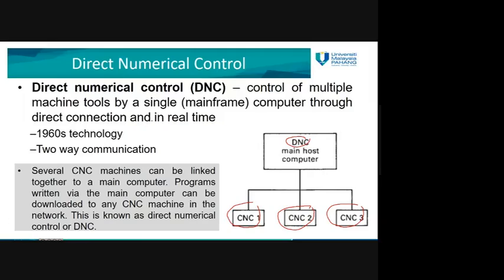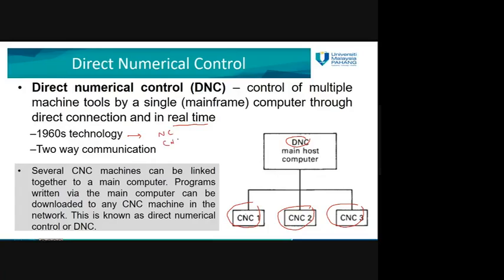So actually, this control also will be performed in real time. There is a local control for the CNC here, but also we have network control for the whole set of CNC machines. This actually depends on 1960 technology. And when we say 1960 technology, that means they started to use this type of control over the NC machine in the beginning.